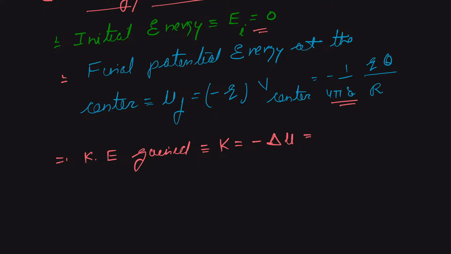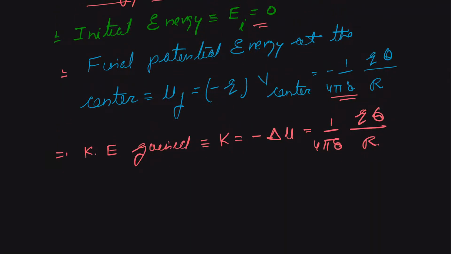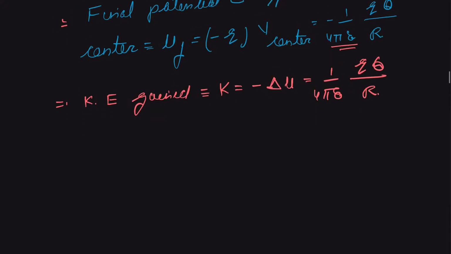Therefore, we can write it will be equal to 1 upon 4 pi epsilon naught Q, capital Q upon R. Then we can say that our speed at the center, that is our kinetic energy, is nothing but our half mv square also. Therefore, we can write that kinetic energy is our half mv square, which will be equal to 1 upon 4 pi epsilon naught Q, capital Q upon R.